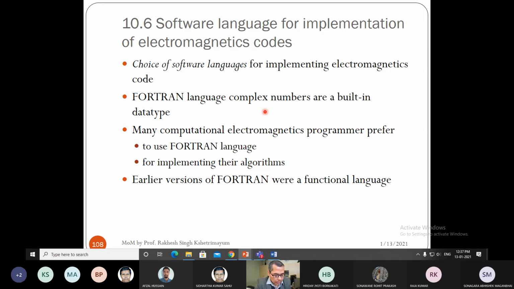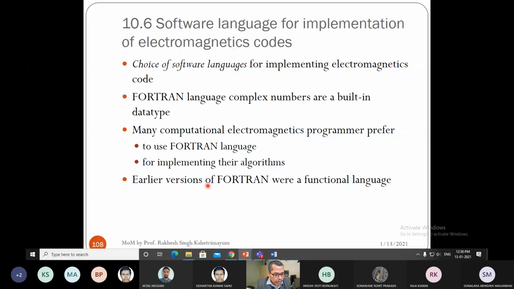But around 25 years back, Fortran was a functional language. You have two kinds of programming language. One is a functional language, where you define the program in terms of many functions. Fortran was like that.